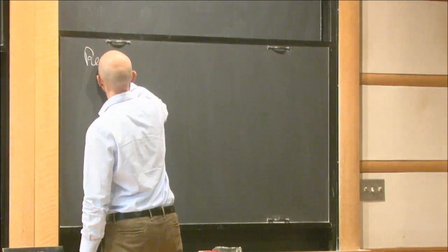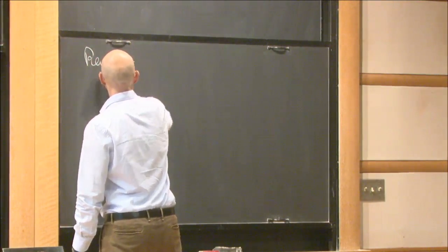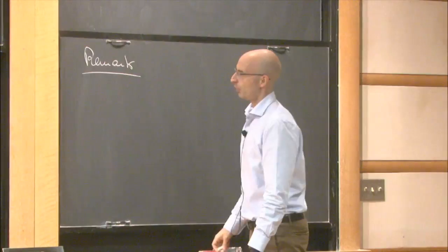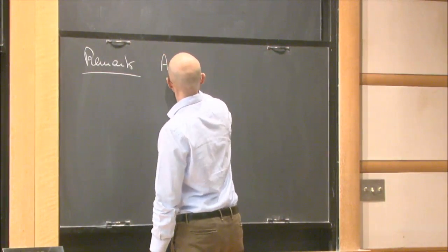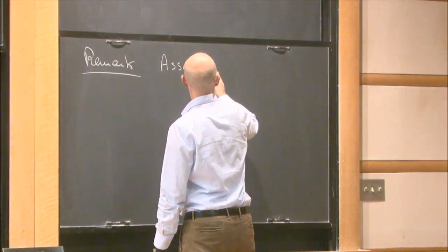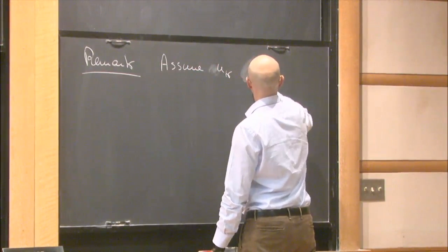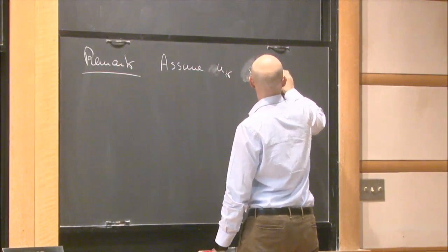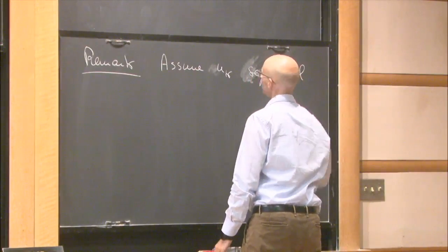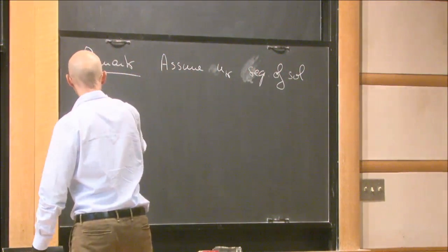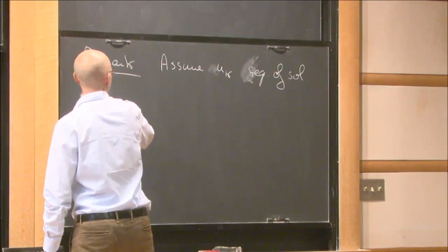And the interesting mechanism is the following. So just for the moment, step back and make the following remark. Assume I give you a sequence u_k, a sequence of solutions of the Euler equations.